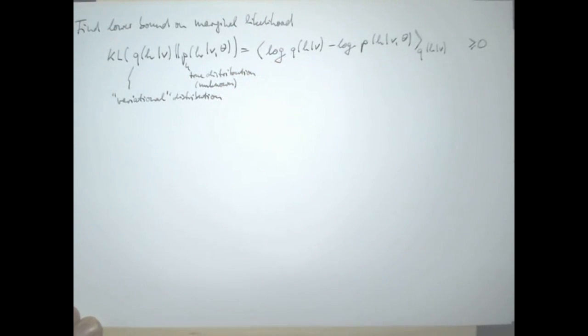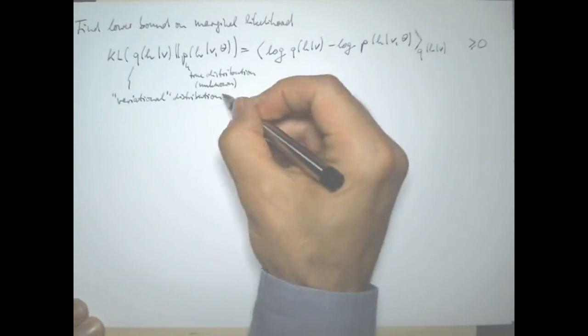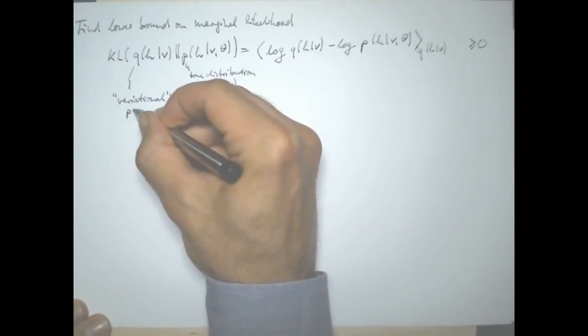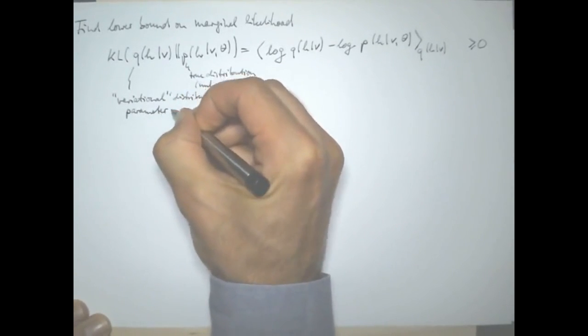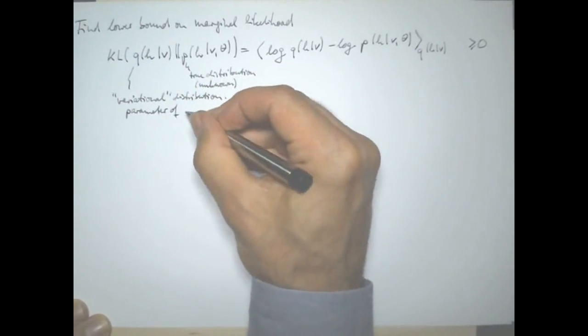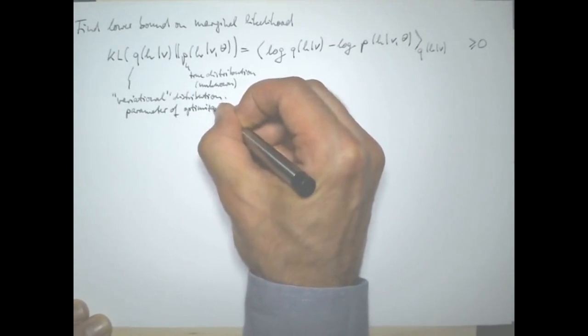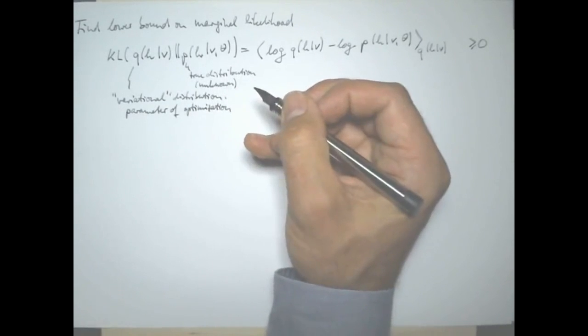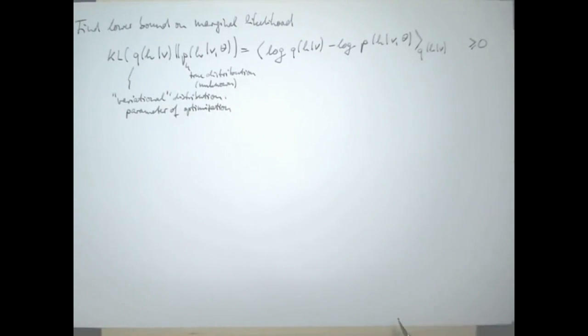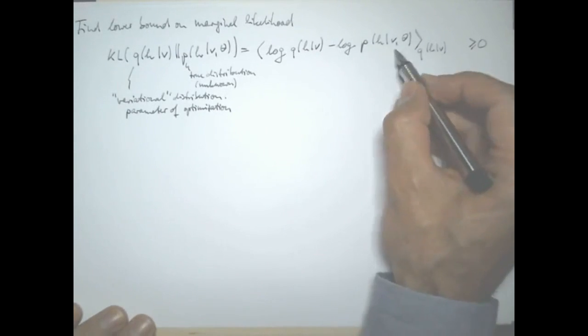Variational means that this is a parameter of an optimization problem that we're going to solve. Okay, and I'm now rewriting this thing here.